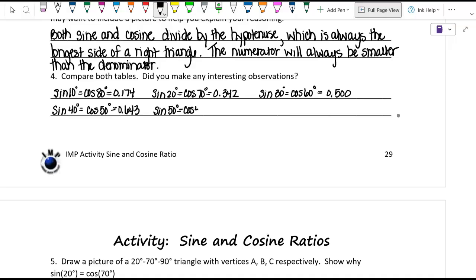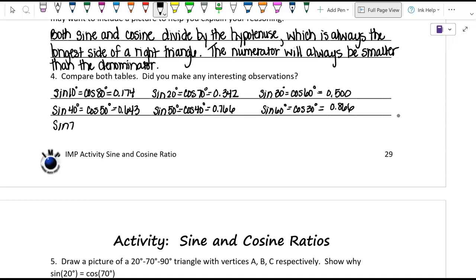The sine of 50 degrees equals the cosine of 40 degrees, which equals 0.766. The sine of 60 degrees equaled the cosine of 30 degrees, equaled 0.866.